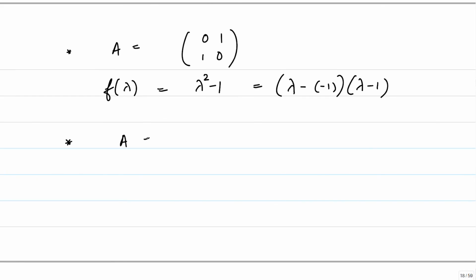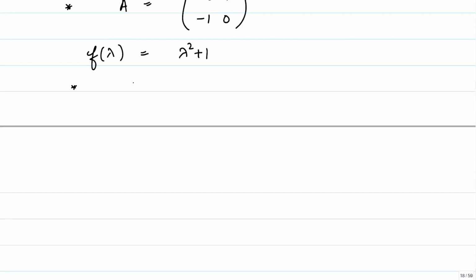Just tweak the above example to 0, 1, minus 1, 0. Then f of lambda will turn out to be lambda square plus 1. We know that this is actually lambda plus i into lambda minus i, where i is the square root of minus 1, but over the field of scalars being real numbers, this particular polynomial does not split.